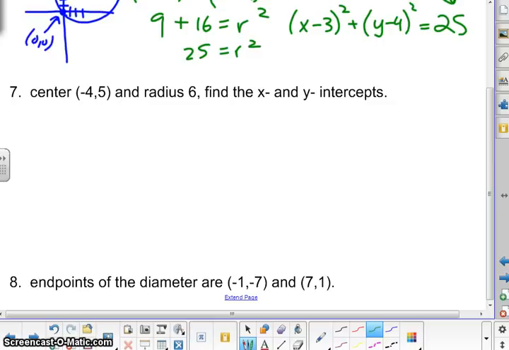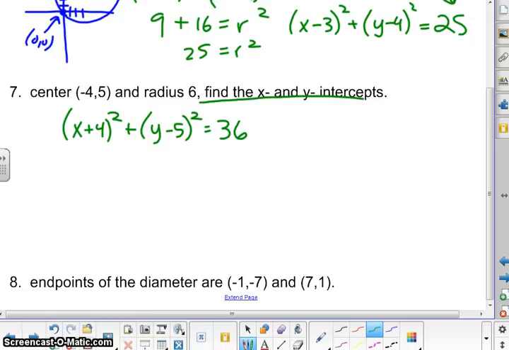So our first mission here is to find the equation of the circle. So if we have a -4 and 5, x plus 4 squared, and then y minus 5 squared equals 6 squared. So there's the first part. Then at the end, it's talking about these x and y intercepts. So how do we find x and y intercepts? Well, anything that we've done before applies also to the circle.